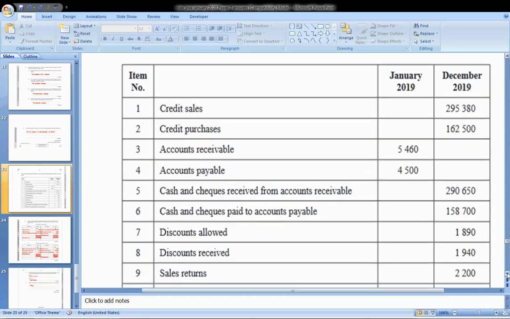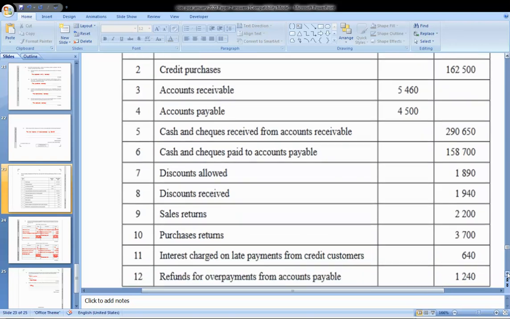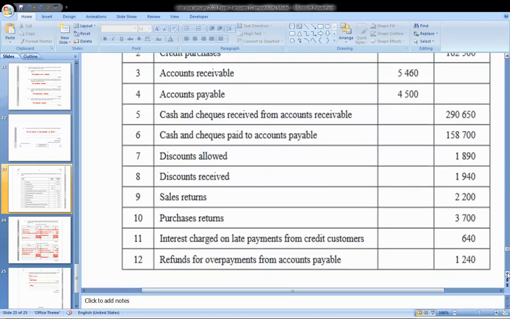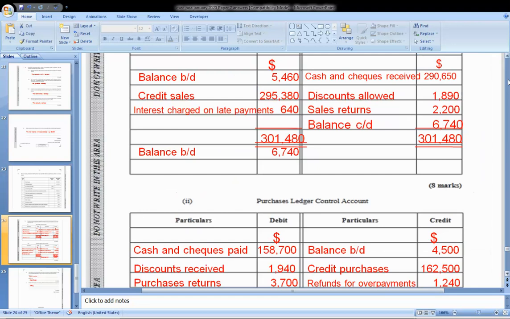And sales returns, 2,200. Purchases returns, 3,700. Interest charge on late payments from credit customers, 640. And refunds for overpayments from accounts payable, 1,240.